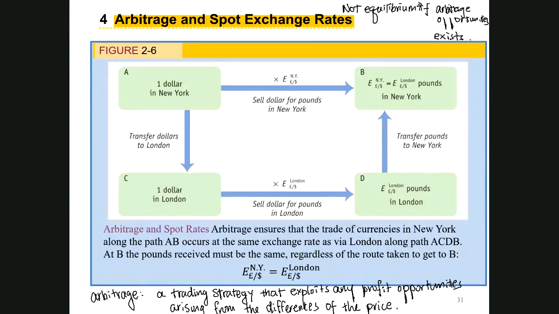Okay? So let's take a look at the idea. If you have $1 in New York and you want to switch it to pounds, you have multiple ways, right? First of all, you could just sell the dollars for pounds in New York, at the exchange rate in the New York foreign exchange market for pounds to dollar.